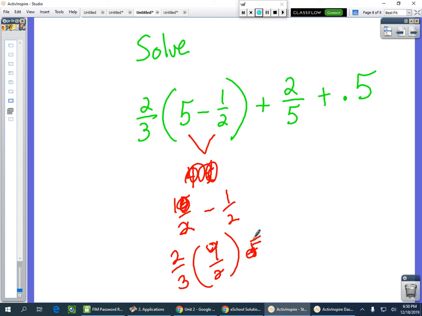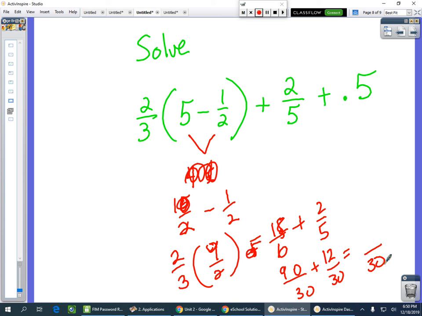So multiply. 18/6 plus 2/5, common denominator, 30. Times 5 times 5, you get 90/30ths, plus times 6 times 6, 12, which gets you, don't add the denominators, 112/30ths.